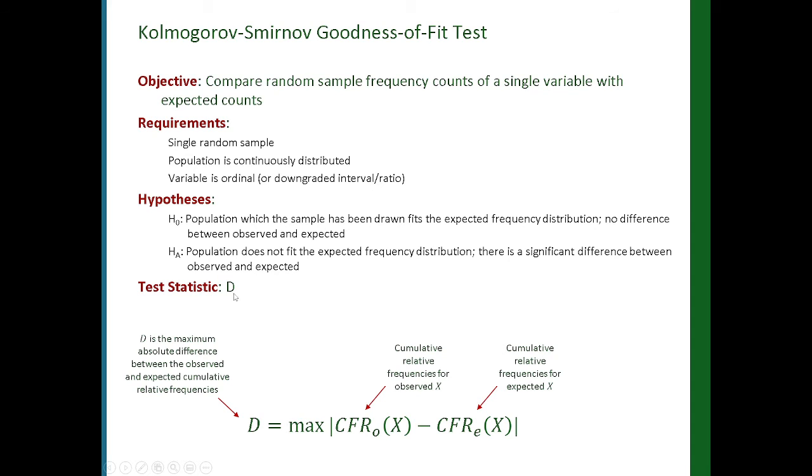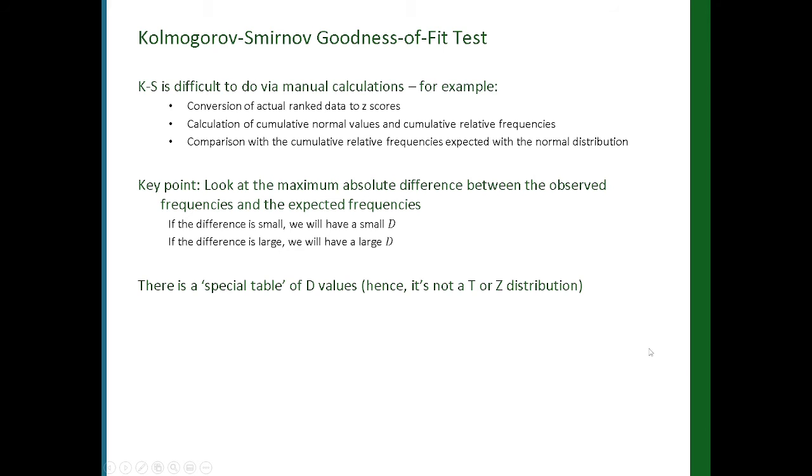Here we're using the test statistic D, which is the maximum absolute difference between the observed and expected cumulative relative frequencies. It's more tricky to carry this out by hand, so we're not going to do that. But basically we take the maximum of the cumulative relative frequencies for observed values of x minus the cumulative relative frequencies for the expected values of x, okay?